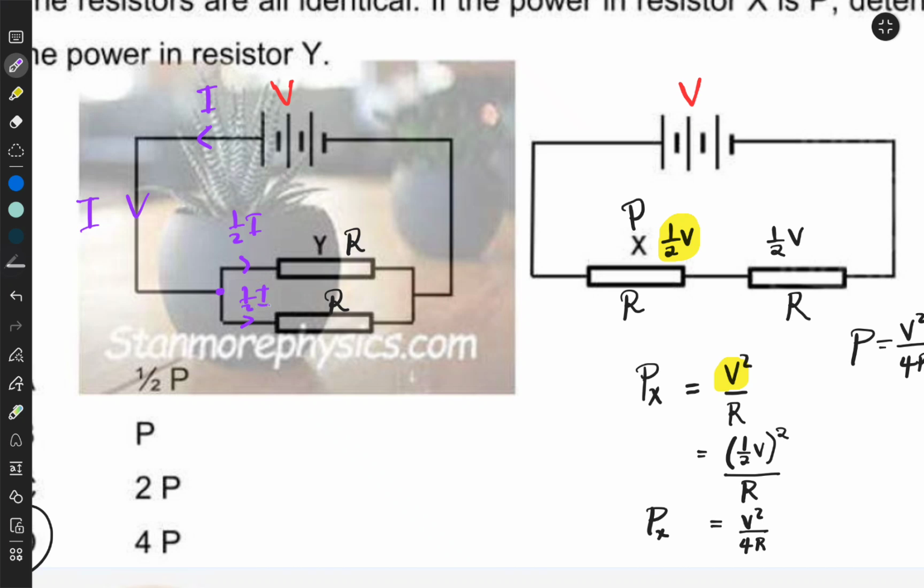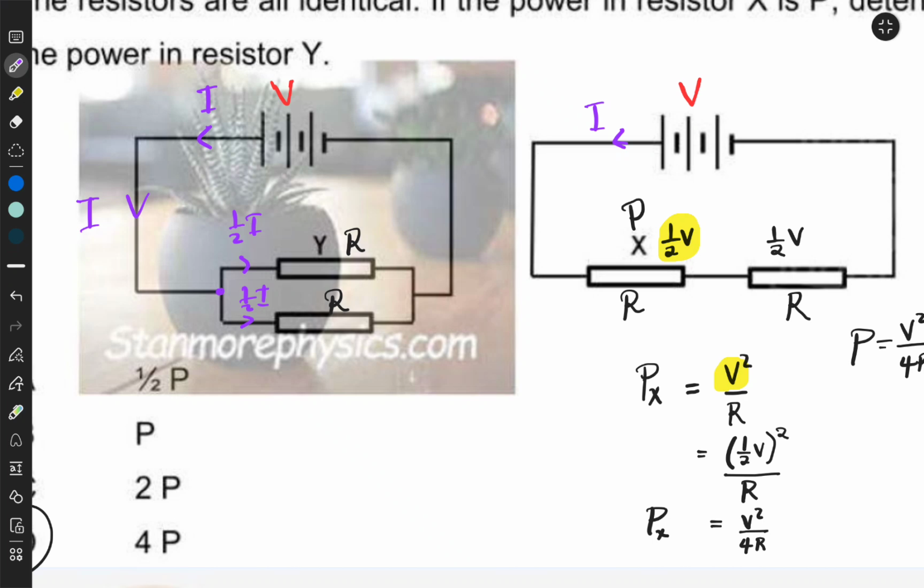Half I. Okay, and then they say, okay, here also we get I, but now there's an issue with that. First of all, it won't work. You can't say the current in the parallel circuit will be the same as the current in the series circuit, so that logic won't work here. The reason for that is because the effective resistance in the series circuit is not the same as the effective resistance in the parallel circuit, so you can't use I like that.